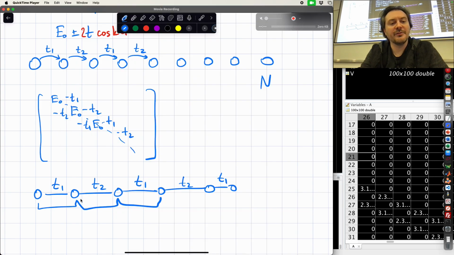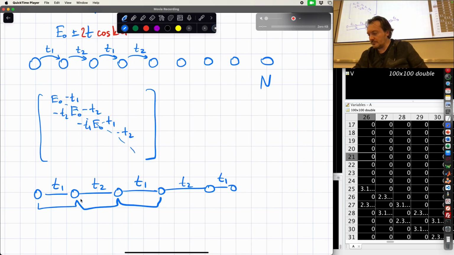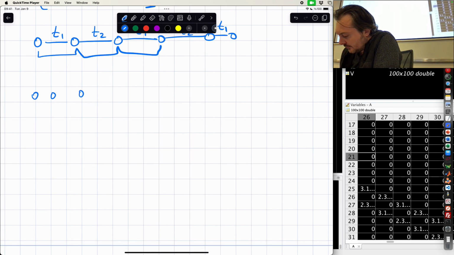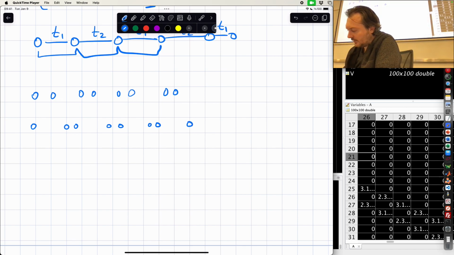One final way of thinking about it is this. So we are basically comparing this one with this one. Both have 10 atoms, right?